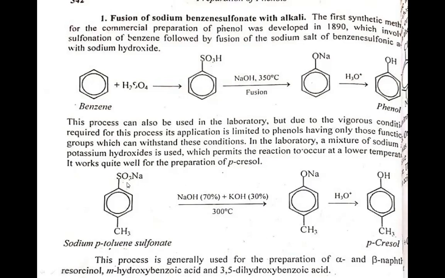Here is another group already present, that is methyl group at para position to this sulfonic acid group. This group will be present as such in the product. This sodium benzene sulfonate is converted into sodium salt of phenol, and this sodium salt of phenol on acidic hydrolysis is converted into phenolic group, just like that reaction that was in the first method.